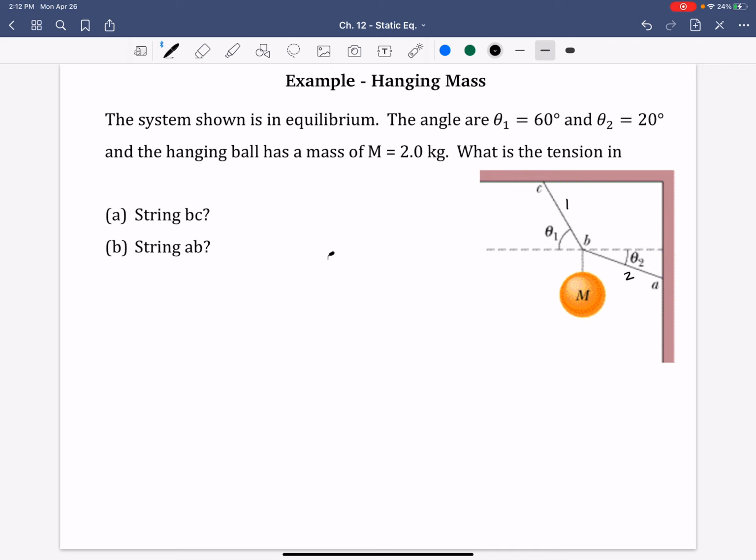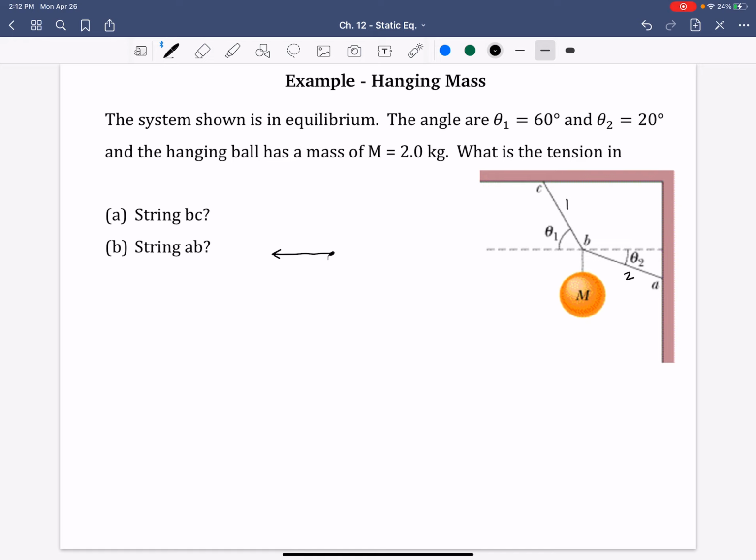I want to break up both tensions into their x and y components. Let's do string 1 first. Theta 1 is designated right here, touching the horizontal part. So we can do the x component first.